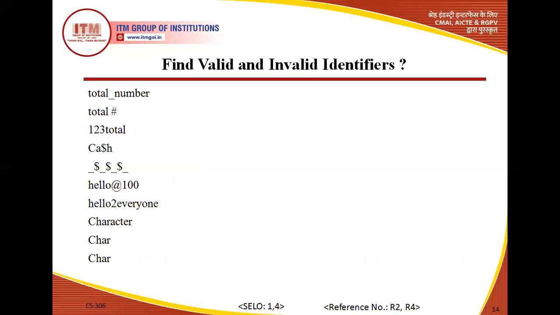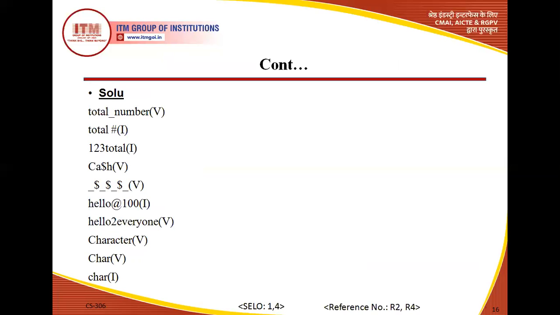Now, let's look at which identifiers are valid and which are not. These are some identifiers, and we want to find out whether they are valid just in terms of the naming rules. This is valid because we have letters from small a to small z and an underscore.